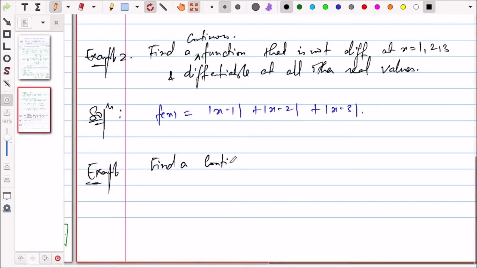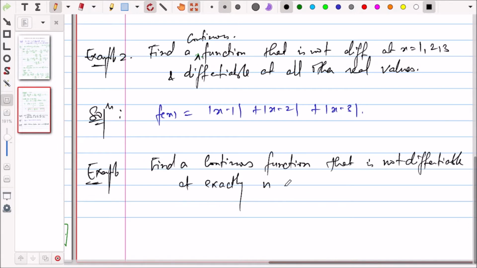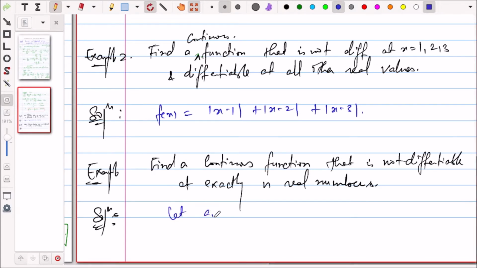Then example 3, let us write it. Find a continuous function that is not differentiable at exactly n real numbers. Which one will we take? So we extend the same idea to n. Let a1, a2, ..., an be n distinct real numbers.